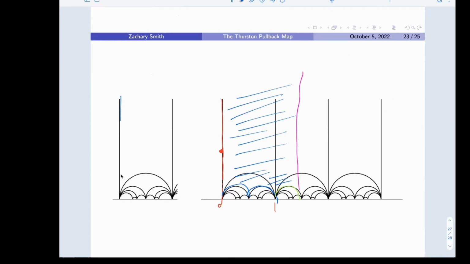So we end up doing something like this. Unfortunately, I'm not going to color code the sides for you, but maybe I'll do at least one. So this red edge here gets sent to this red edge here.